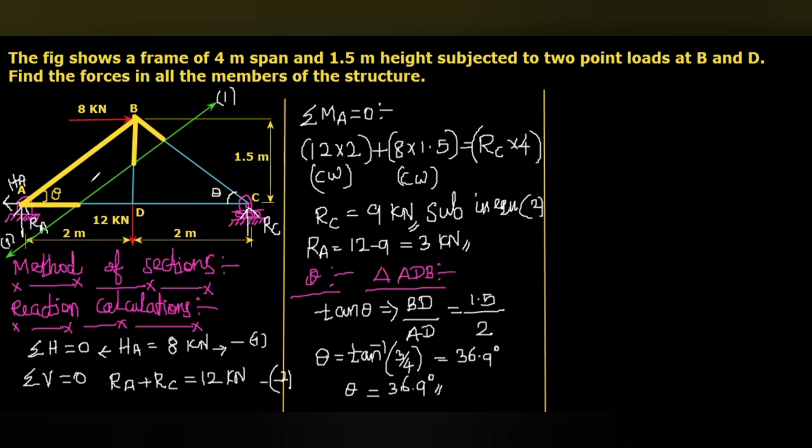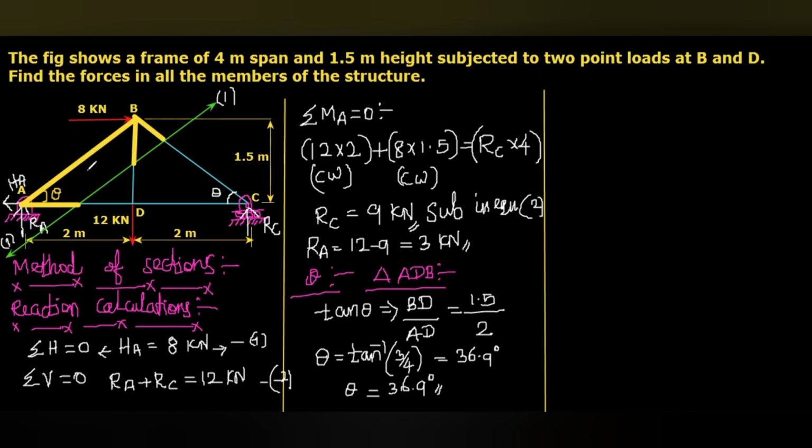Here we consider the section line 1, 1, and it separates the entire diagram into two segments. Any one side we can consider, so we are going to consider the left side portion of the section line 1, 1. Here, forces in 3 members, BD, BC, and AD. AB is a whole member and the section line does not pass through it, so that force we will not consider.